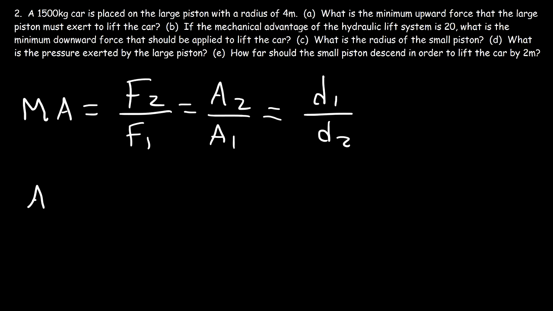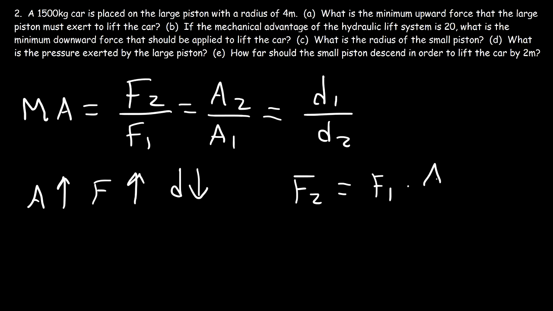So if you increase the area of the piston, the output force will increase. But the distance that the large piston has to move will decrease. So make sure you understand that relationship. And also, if you need to find the output force, it's equal to the input force multiplied by the ratio of the areas. And if the cylinder is circular, the area is pi r squared.